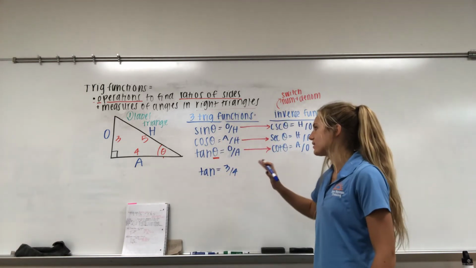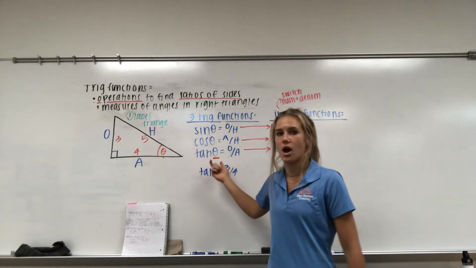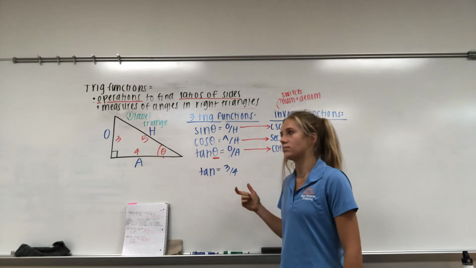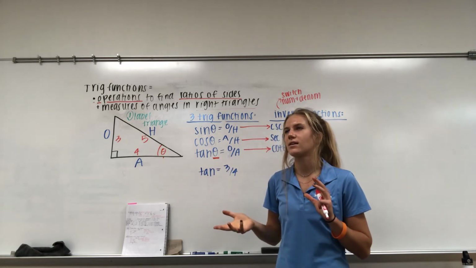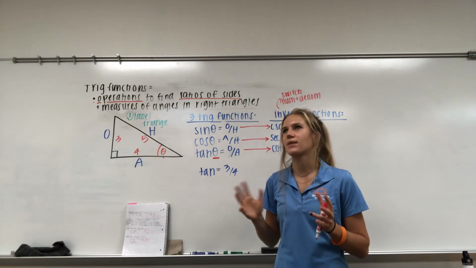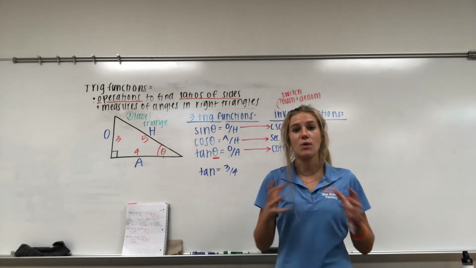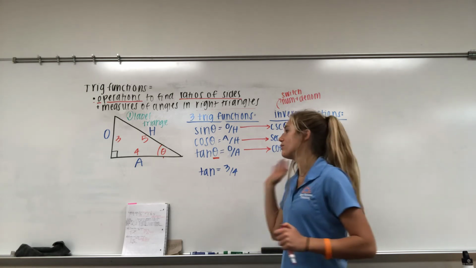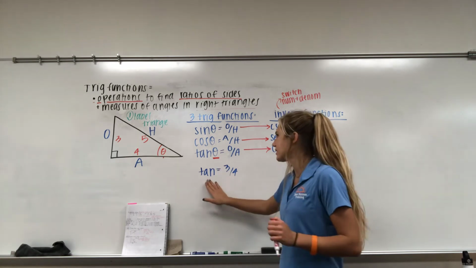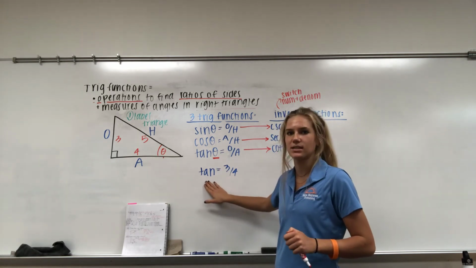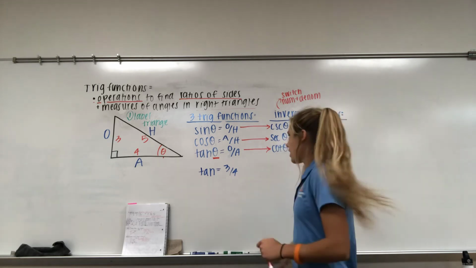But that's technically incorrect because tangent needs to hinge off of that reference angle. I can't come up with a good analogy right now, but it just requires that reference angle. You have to write that reference angle in there. If you don't write it in there, it's going to be incorrect. Writing this technically doesn't make sense because it needs that reference. We don't know what it's in reference to.